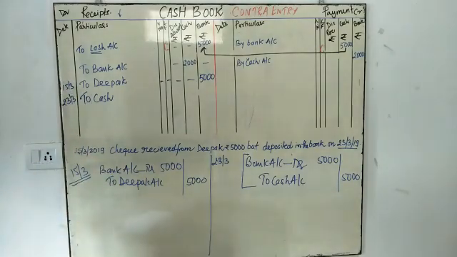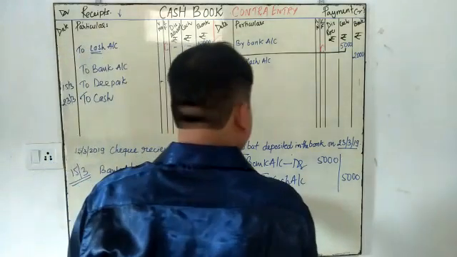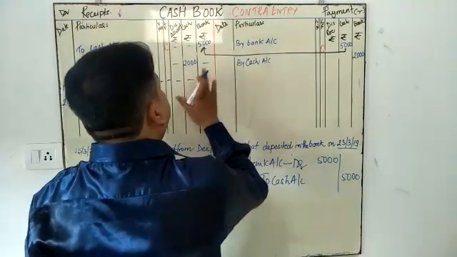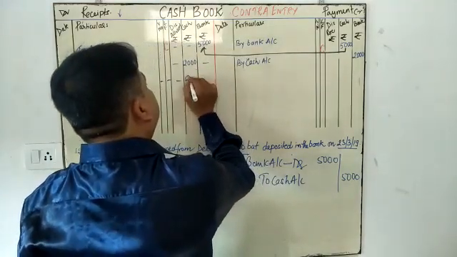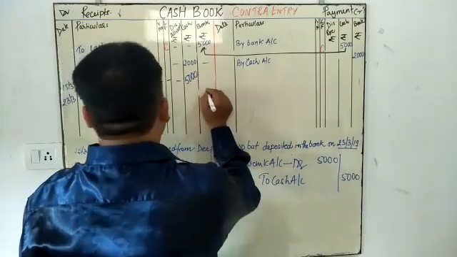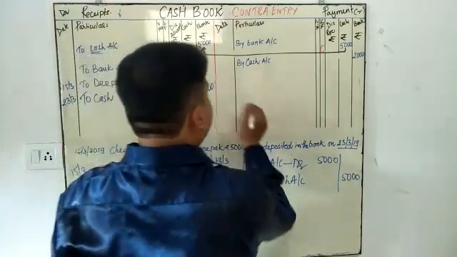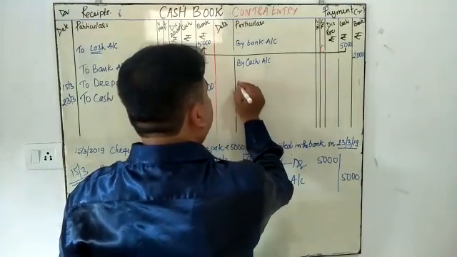To cash, you write on the bank side. So you are going to write on the bank side. Similarly here also, this side also.